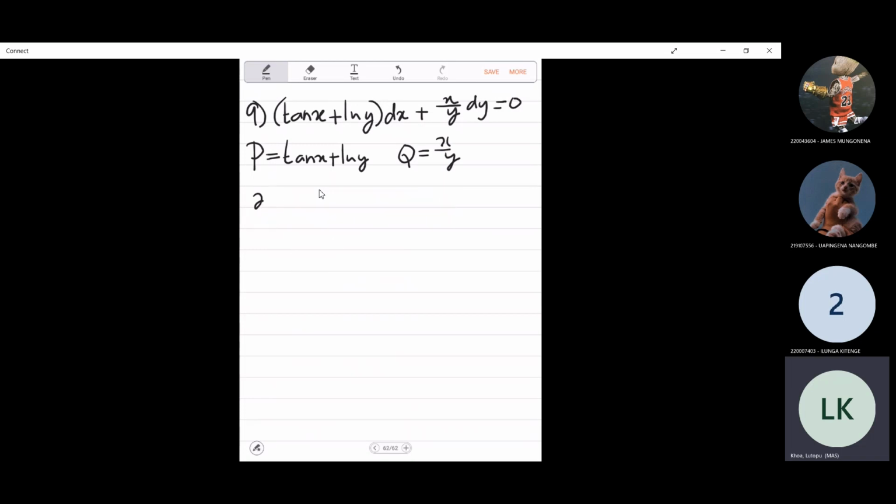Either I will integrate this with respect to x or integrate this with respect to y. I think it's much easier to integrate this with respect to y than that one. It's not that difficult to integrate this one either, because tan of x is just sine over cos.